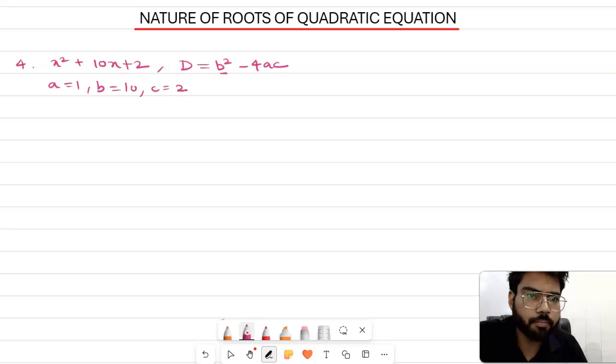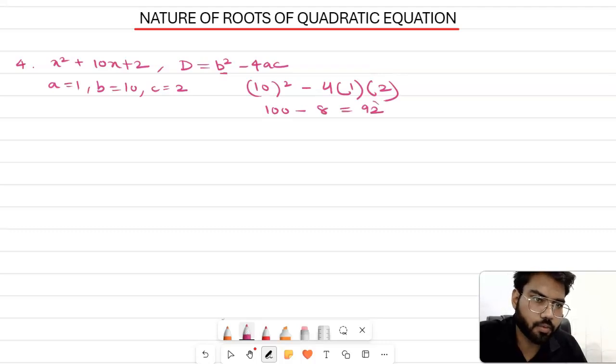So it will become b square, now 10 square minus 4 into a is 1 and c is 2. So this will become 100 minus 8, that is 92. So this is case number 2 where d is greater than 0 but d is not a perfect square.